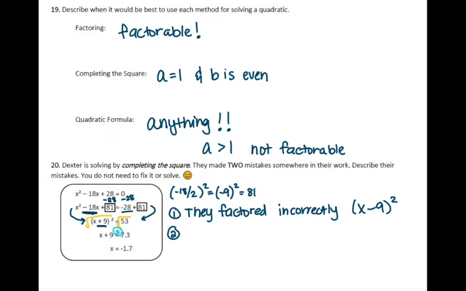That plus or minus allows us to have 2 answers. So Dexter only got negative 1.7. They should have gotten another answer, but their factor was wrong anyway, but they still should have gotten another answer. So mistake number 2, they forgot the plus or minus after taking the square root.